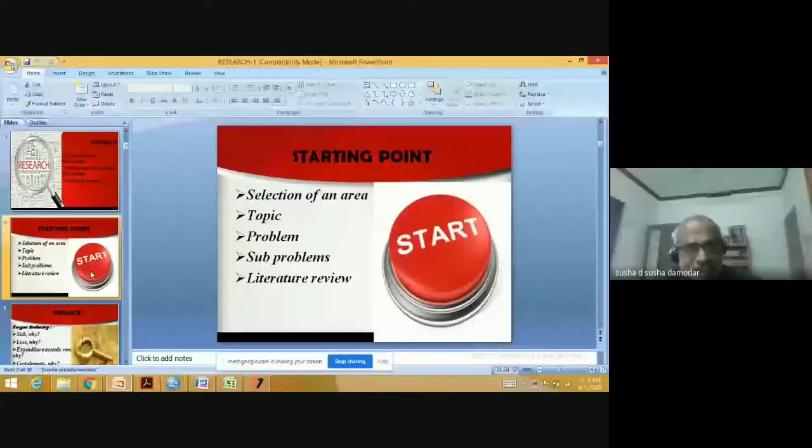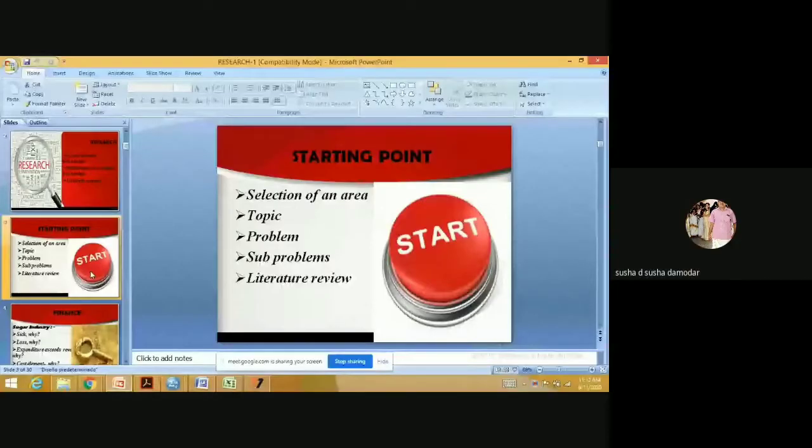So we start from the last point. Before starting research, the researcher has to review all the available literature on a topic. Through literature review, the researcher may be in a position to identify the main problems. From the main problem, he has to identify many sub-problems.